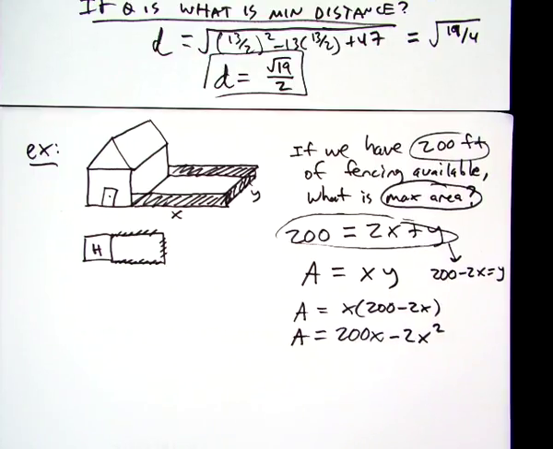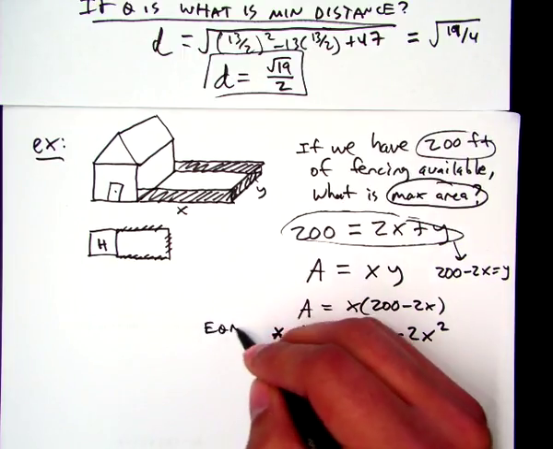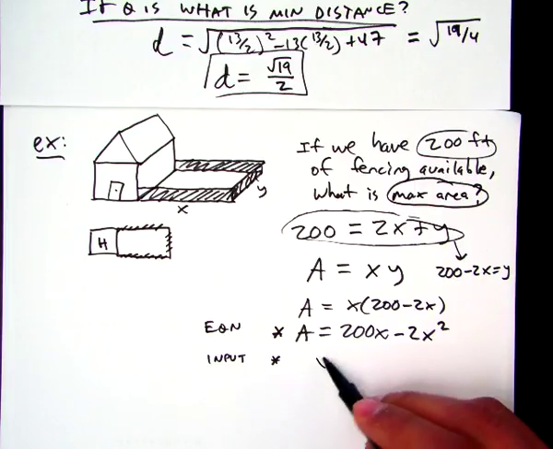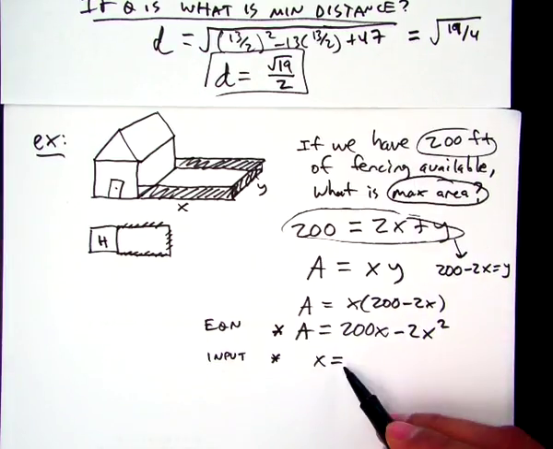Everybody good so far? Same 3 steps as before, right? Write an equation. Got it. Next we have to find the input, right? So here's our equation. Next we find the input. How do I do that? I think we can just go straight to it, right?